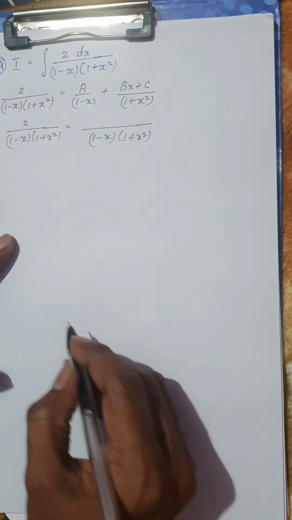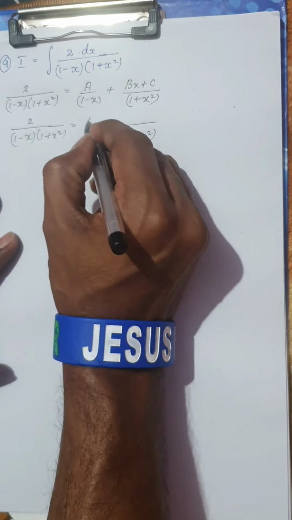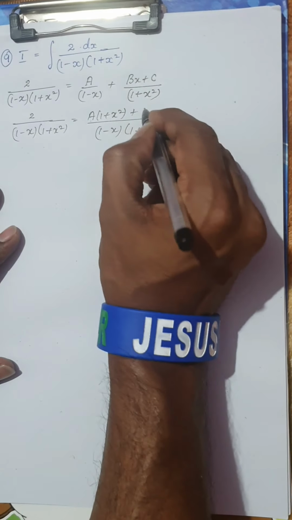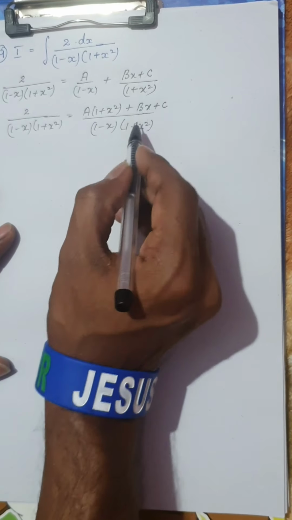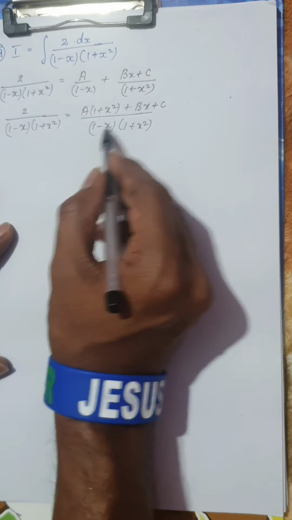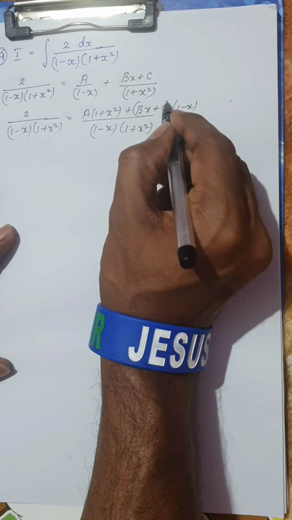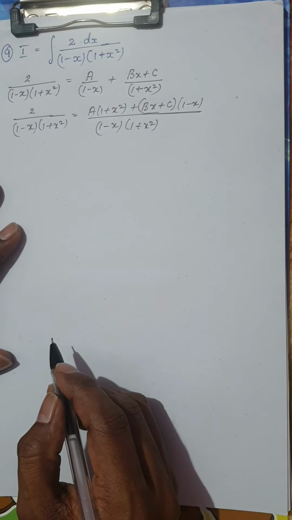Now because for a I already have 1 minus x, a would be multiplied by 1 plus x square, plus, remember, when you are multiplying, I already have 1 plus x square, so don't multiply 1 minus x like this, rather I have to use a bracket here, bx plus c into 1 minus x.